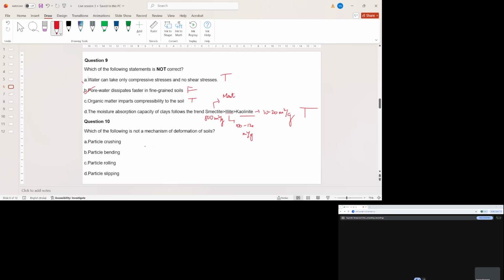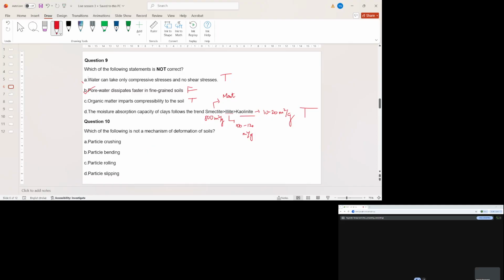Particle bending essentially occurs in soil which has a flaky structure, and particle rolling is by which the particle deforms in the presence of flexible boundary conditions on the application of external load. And option D is particle slipping.